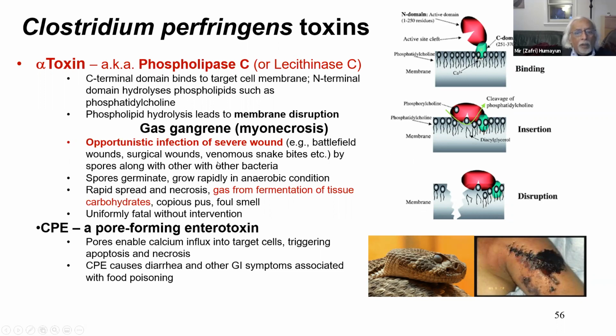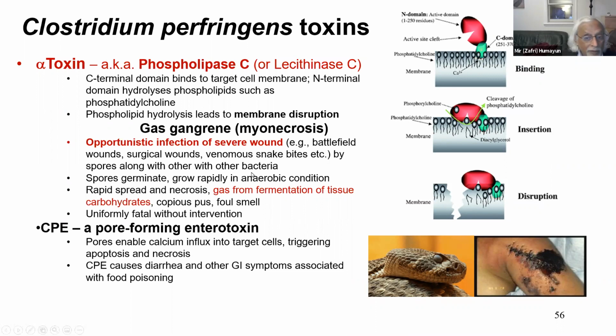Right? So this causes an opportunistic infection, and usually Clostridium perfringens infection starts at sites of a severe wound, such as battlefield wounds, surgical wounds, and also venomous snake bites. Now, venomous snakes have mechanisms for injecting venom into their prey, and the mechanism is by inflicting a deep wound into the tissues of the prey.